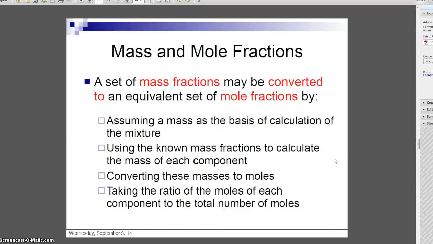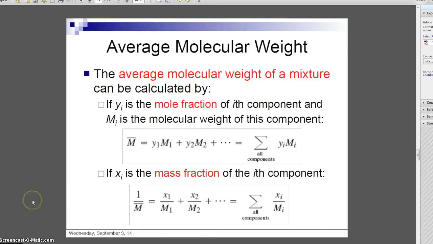So you just change it around. Alright, so that's mass and mole fraction. We've covered the first part of chemical composition. Now let's look at the average molecular weight calculation.